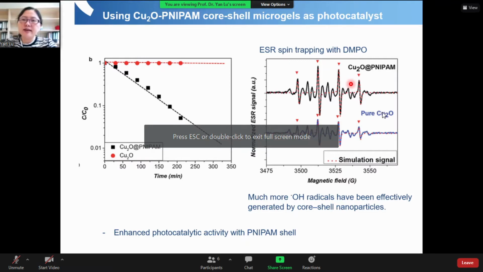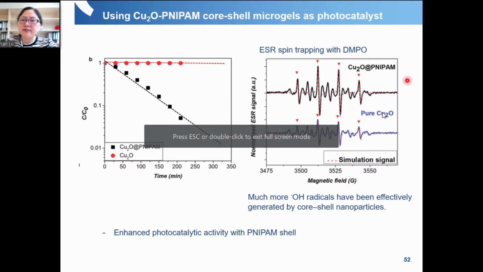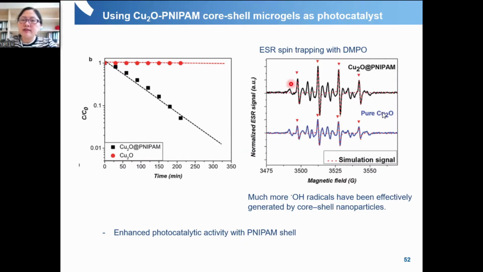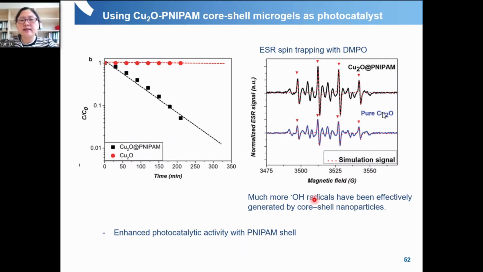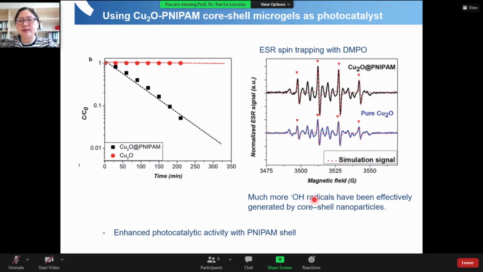And we found that after the PNIPAM coating, the core-shell particles generate many more radicals than the pure cuprous oxide. This means many more hydroxyl radicals have been generated by the core-shell nanoparticles. And these hydroxyl radicals are the active species for this photodegradation reaction. That's why we have the enhanced photocatalytic activity after deposition of the PNIPAM shell.